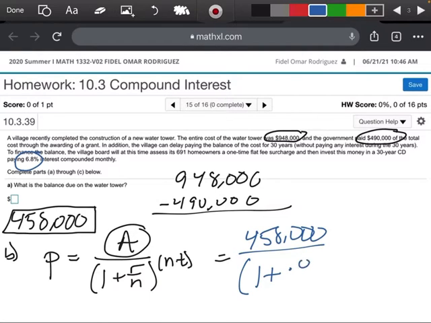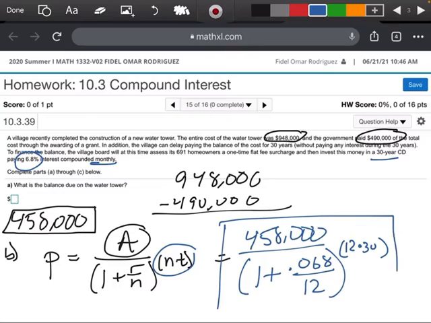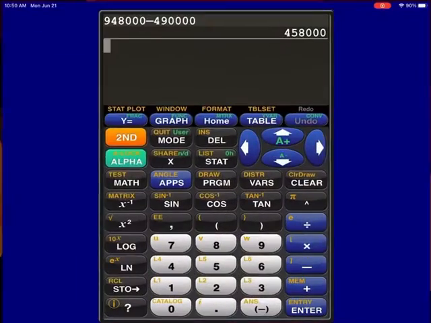So as the decimal, that's 0.068. It's being compounded monthly, so my N is going to be 12. And then my power, N times T. So we already said N was 12, and T, this was 30 years, right? So guys, I'm going to enter this piece right here exactly as I see it on my calculator. Okay, so let me get my calculator going.